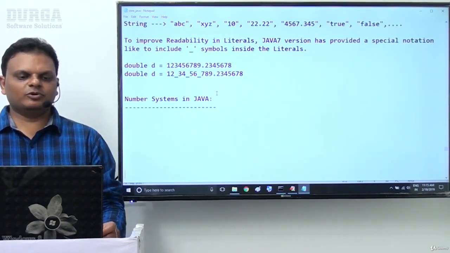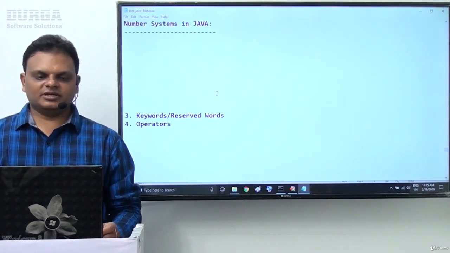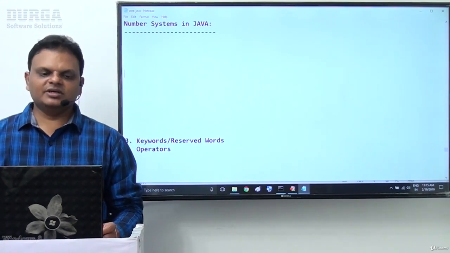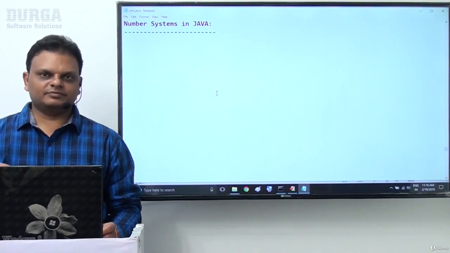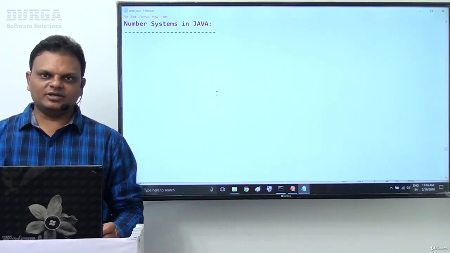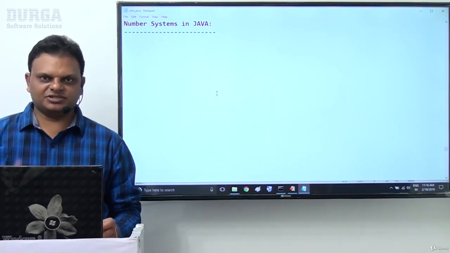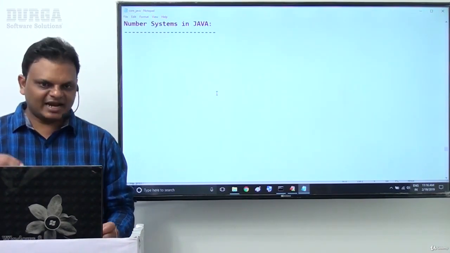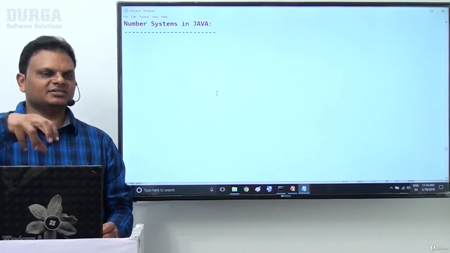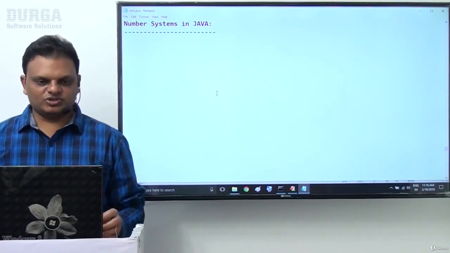In any programming language, not only Java, if we want to represent numbers, we require a standardization. To represent numbers in all programming languages, we need some standards. These standards are called number systems.